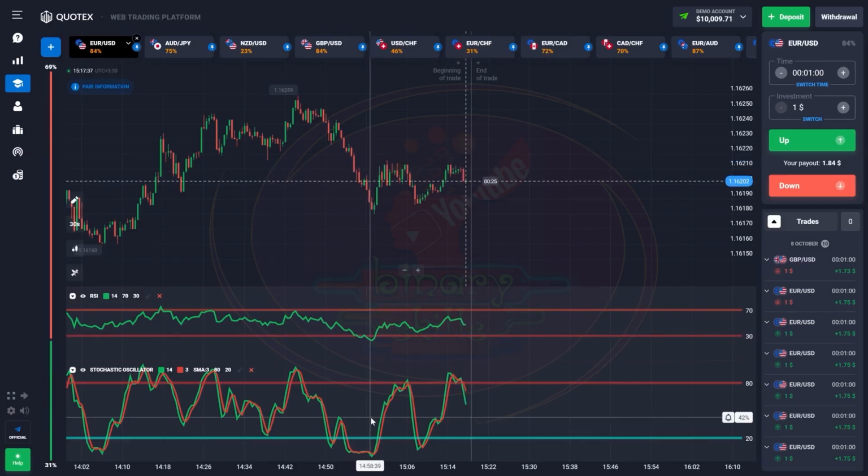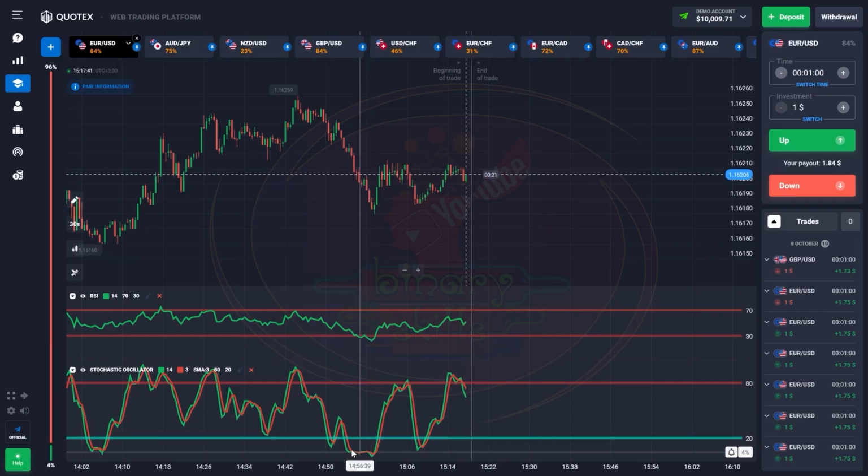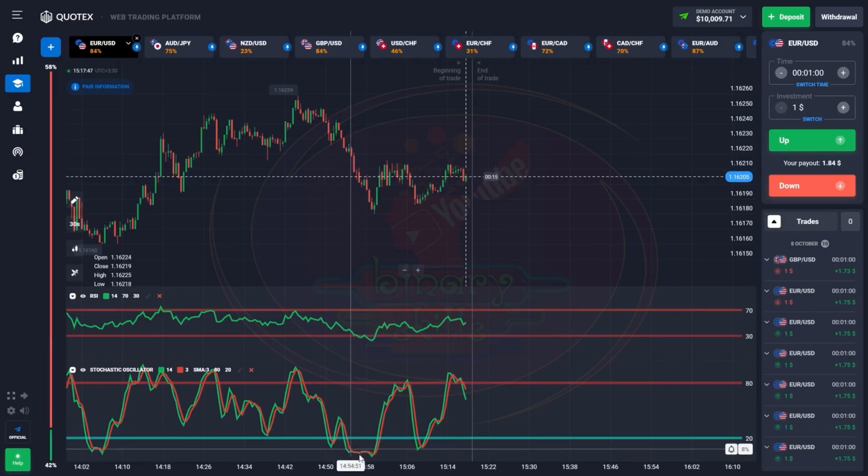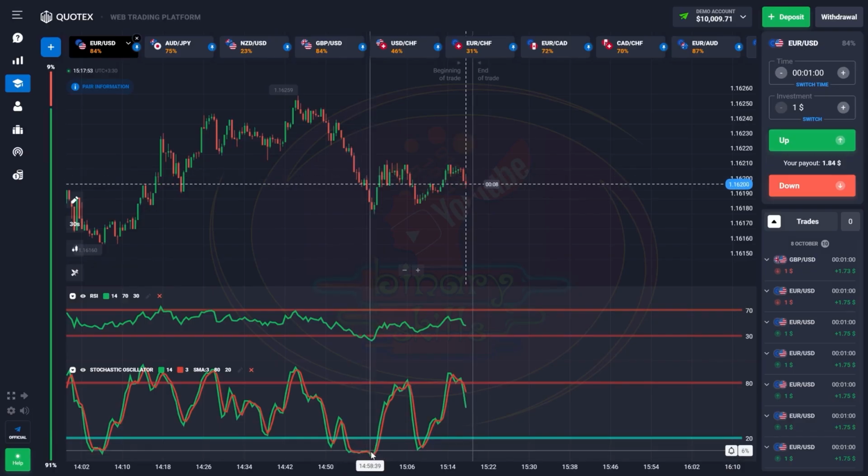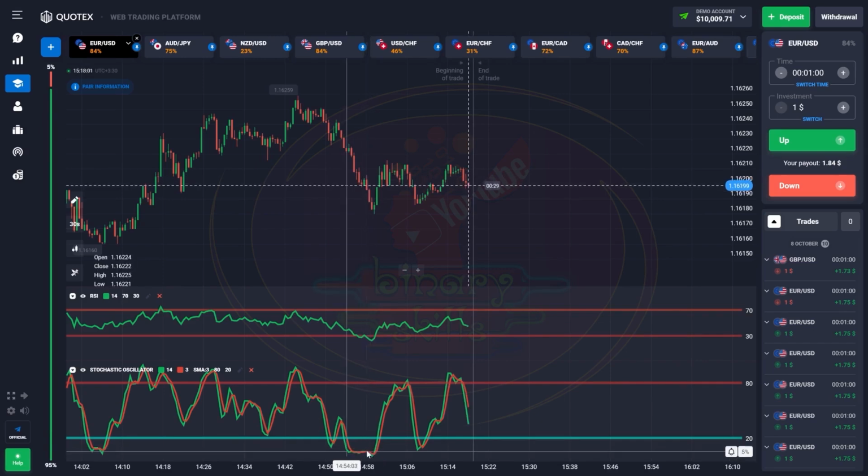The key points in this strategy are first that both lines of the stochastic, the red line and the green line, must be within the overbought or oversold zone. Whether it's overbought or oversold, both lines need to be in that overbought or oversold area. The green line should be moving towards the center.